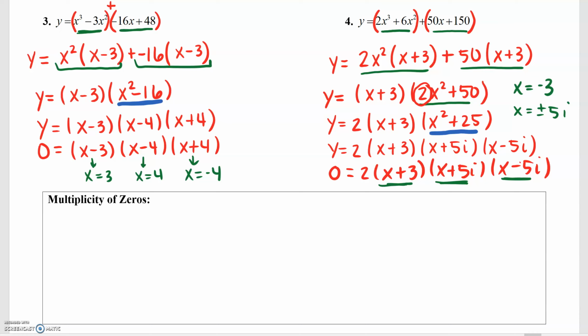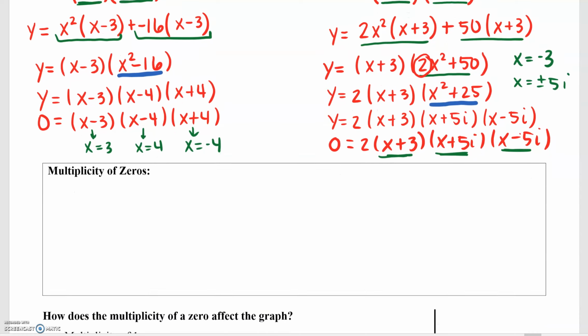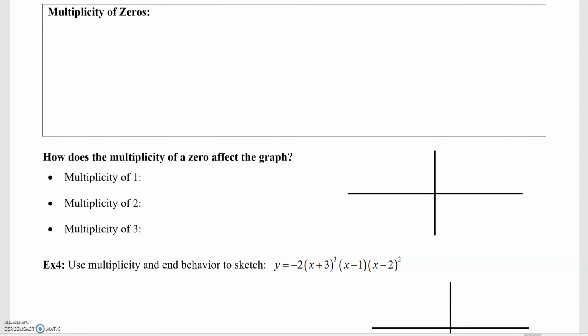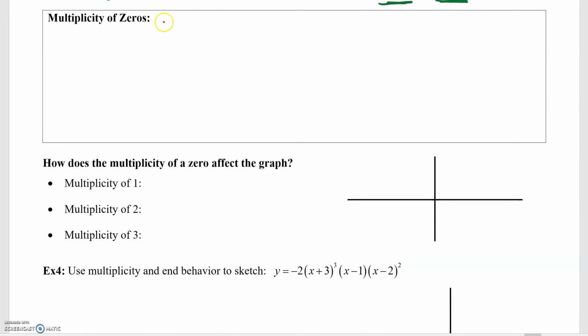All right, so we have one big topic left to talk about when it comes to zeros of polynomials, and it's something called the multiplicity of zeros. So first thing we're going to do is write down a definition.